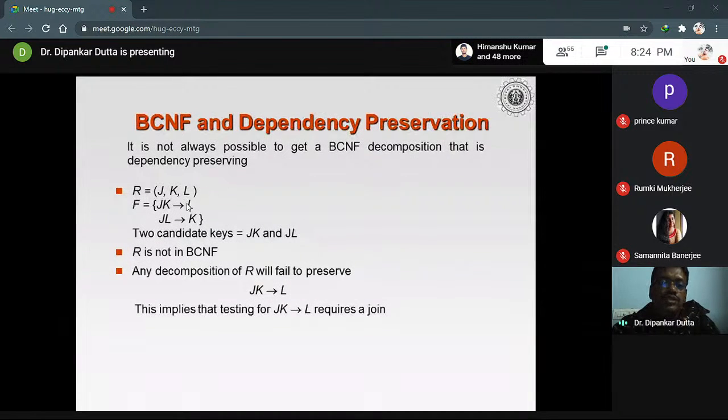If we divide it into any tables, in that case we will lose this dependency, JK implies L. So here you cannot divide and still preserve dependency.